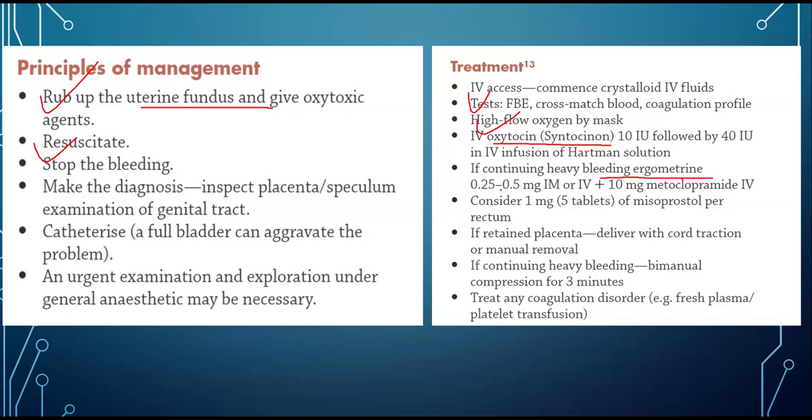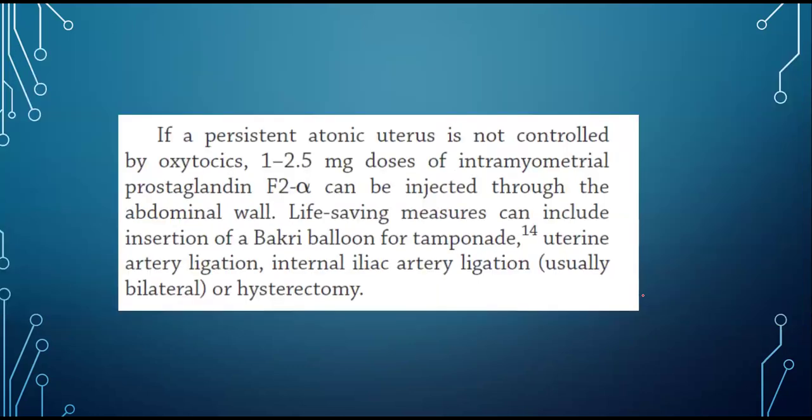Make sure there is no tear. Give the patient oxytocin or syntocinon, ergometrine, and then if the patient is still bleeding, the option is misoprostol per rectum. Sometimes the patient might even need bimanual compression, and sometimes at the end, even hysterectomy. So lots of options are there, but that doesn't come in exam.